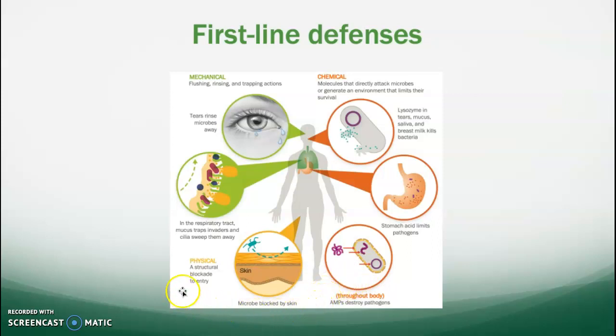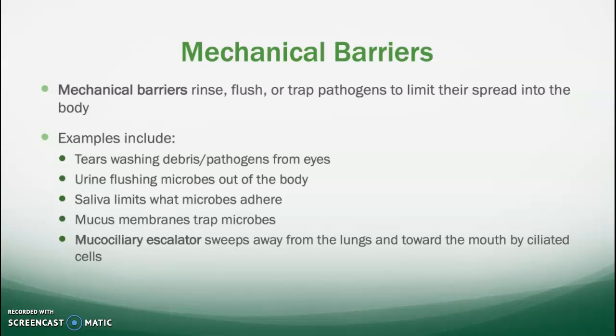And then our last one is these physical barriers, which actually stop entry of a microbe. One great example is the skin, right? We have a protective coating around almost our entire body that blocks microbes from entering the body. So I'm going to go through each of these and give some examples.